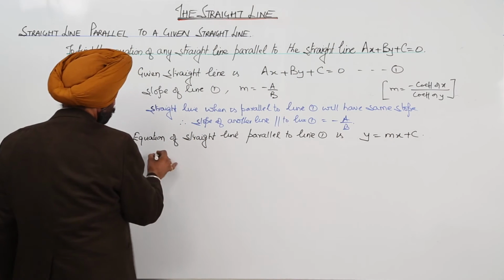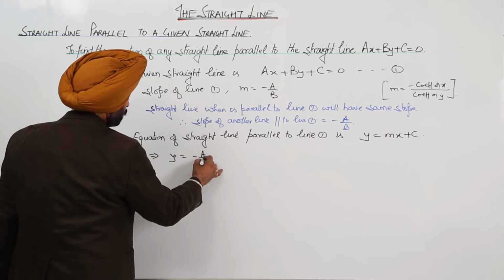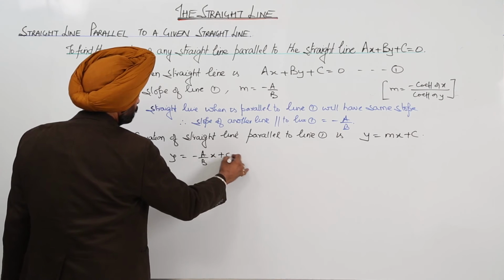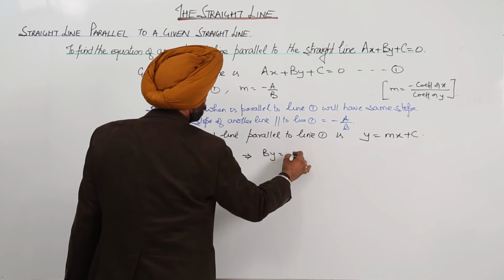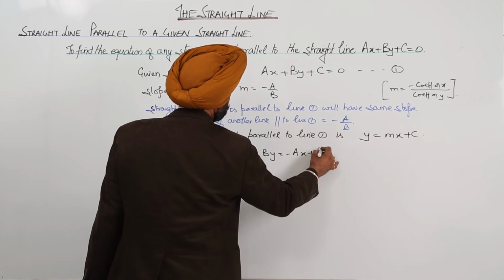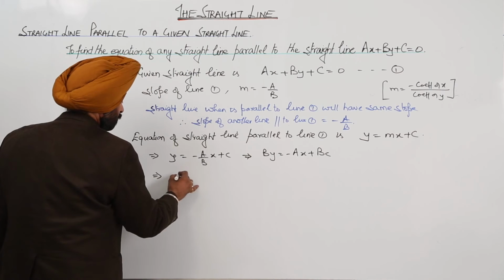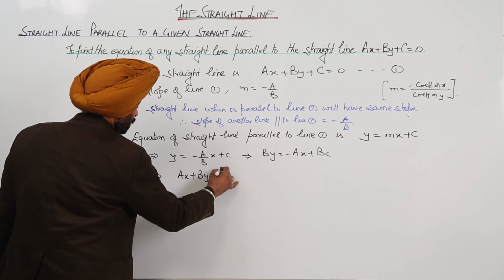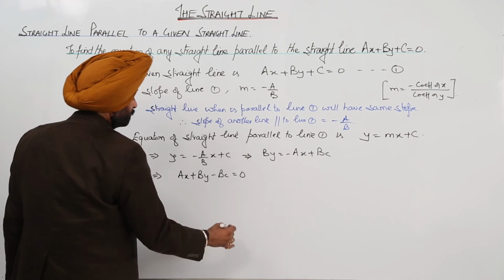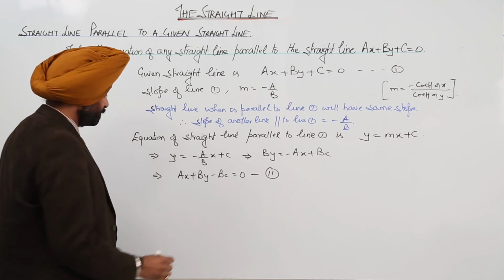Or we are getting y is equal to negative of a upon b times x plus c. Now this becomes by is equal to negative of ax plus bc, or we can write it as ax plus by minus bc is equal to 0. Let this be equation 2 now.